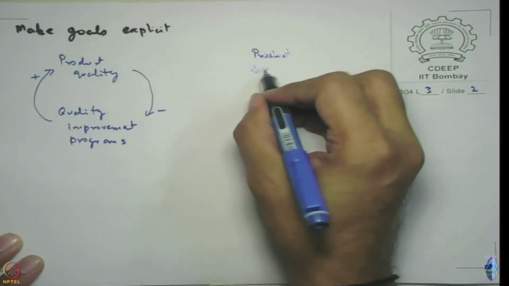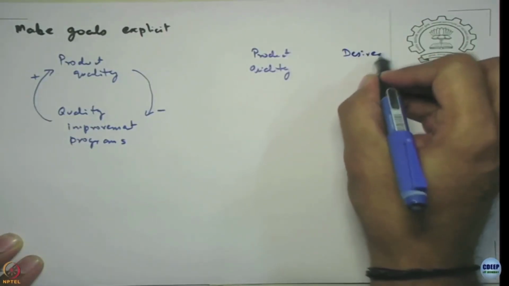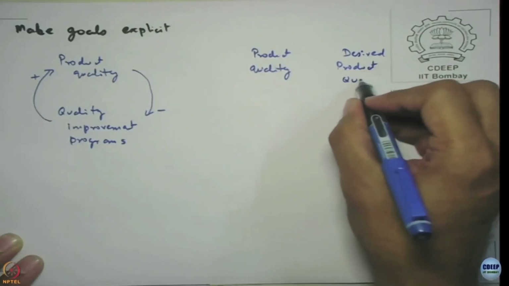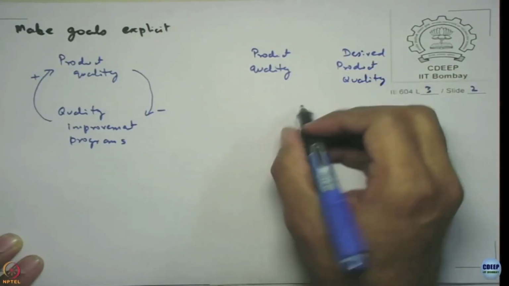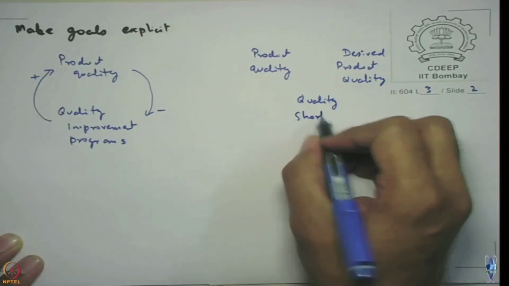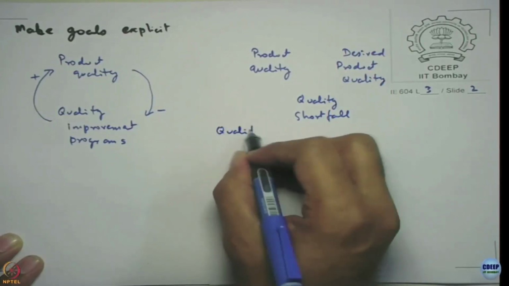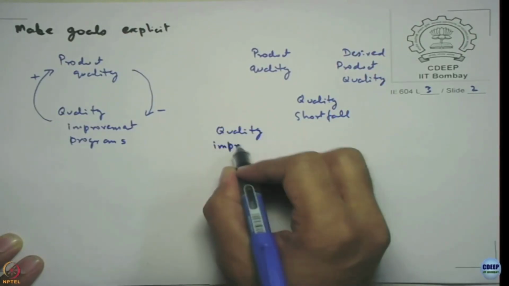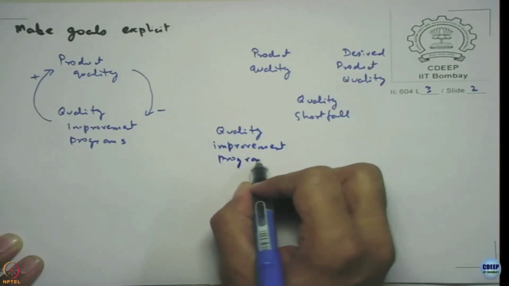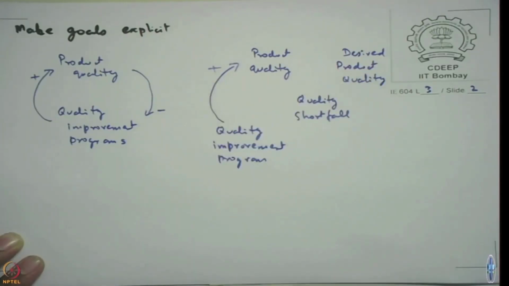Product quality, let us have desired product quality, quality shortfall, then we can have a quality improvement program. This link is the same.